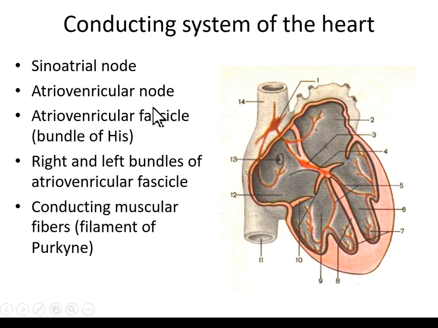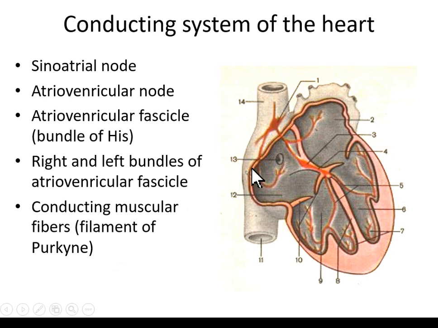It is presented by two nodes: the sinoatrial node and the atrioventricular node, and the atrioventricular fascicle, or bundle of His. This bundle has right and left bundles, or peduncles, of the atrioventricular fascicle, conductive muscular fibers, and the filaments of the Purkinje fibers.